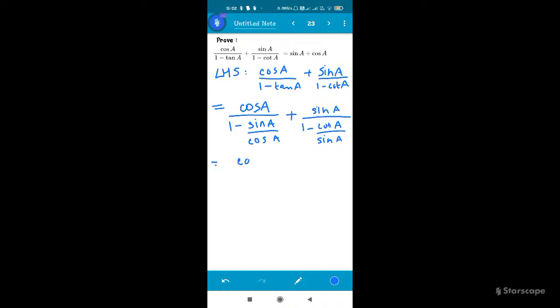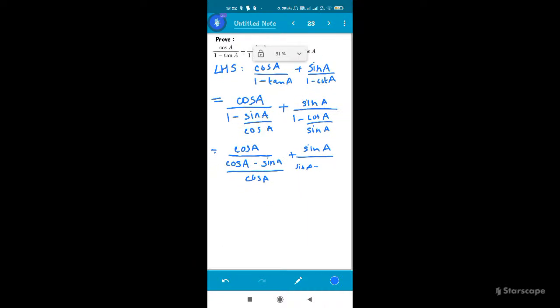So we will have cos A divided by cos A minus sin A divided by cos A, plus sin A divided by sin A minus cos A divided by sin A. This cos will get multiplied with the cos over here, and this sin will also get multiplied with the sin out here.